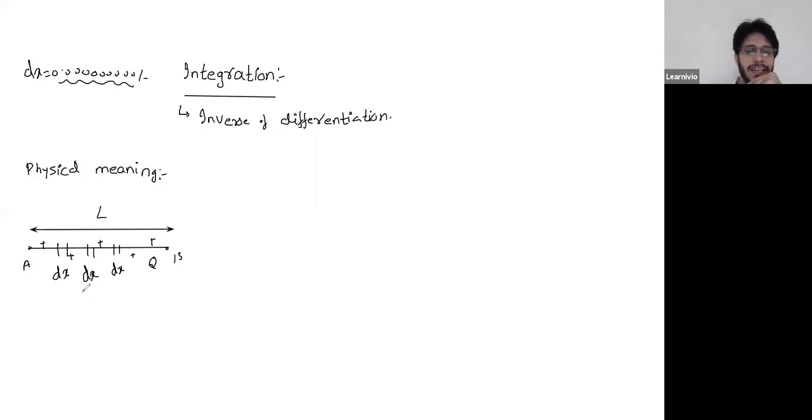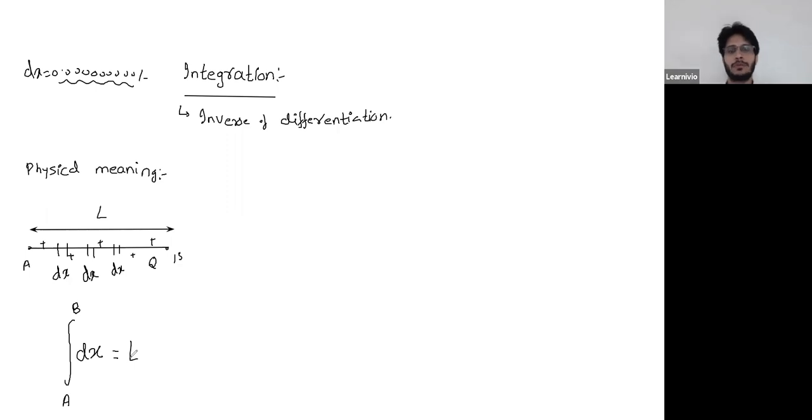What if we combine all dx from A to B? Dx is a small length. You divide the rod into very small elements, and each individual small element is dx. What if I combine all these small elements from A to B? If I combine all elements, then this is the total length of the rod.